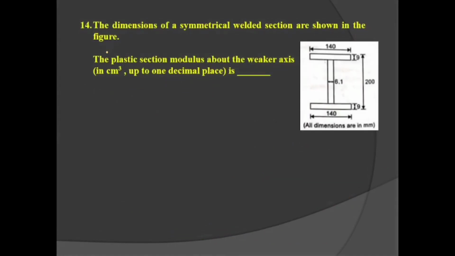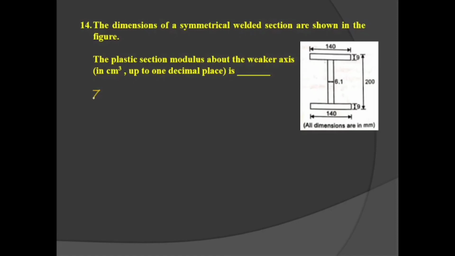The dimensions of a symmetrical welded section are shown in the figure. Find the plastic section modulus about the weaker axis. In general, section modulus refers to the flexural strength, and the section is weaker against flexure about the y axis.